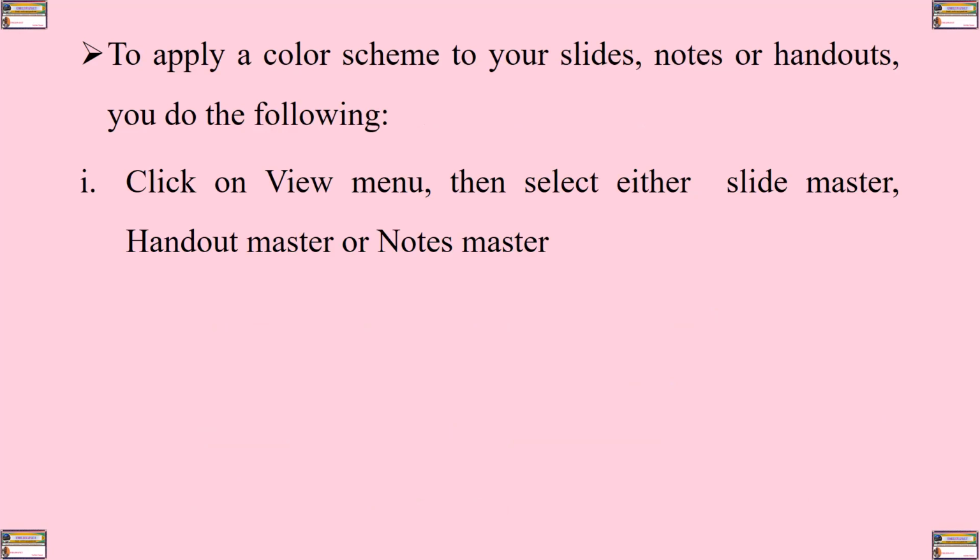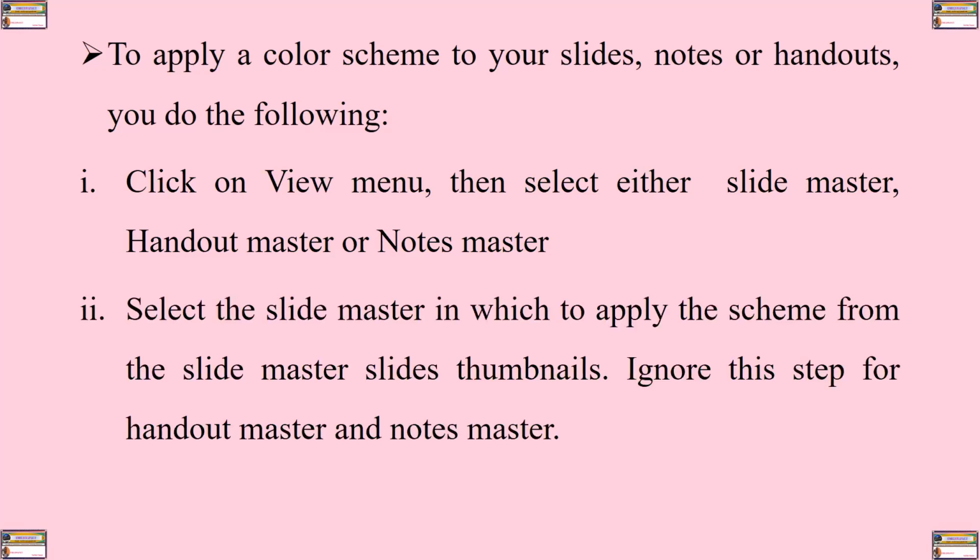For Handout Master or Notes Master, we are going to learn that later in another series within these tutorials. Number 2, you select the Slide Master in which to apply the scheme from the Slide Master slide thumbnails. Ignore this step for Handout Master and Notes Master.